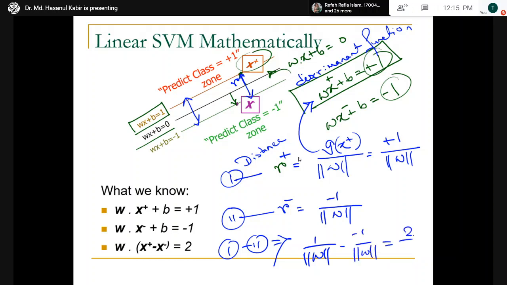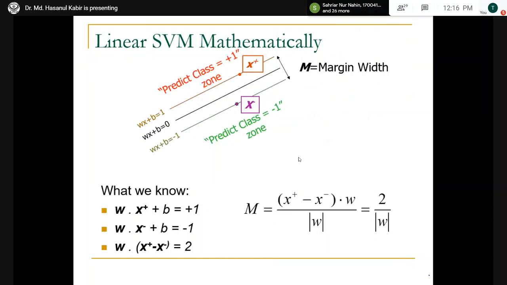This becomes 2 divided by magnitude of w. So that's why we have defined the margin, which becomes 2 divided by the magnitude of w. Is this clear?